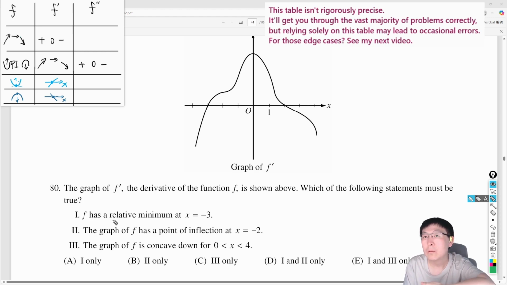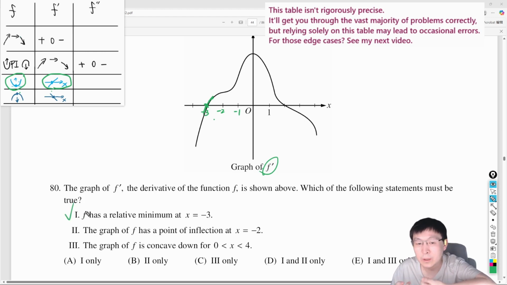We need to find where f has a relative minimum. So f relative minimum matches f prime's sign changing point. F prime's sign changing point is at x equal to -3. So statement 1 is correct.